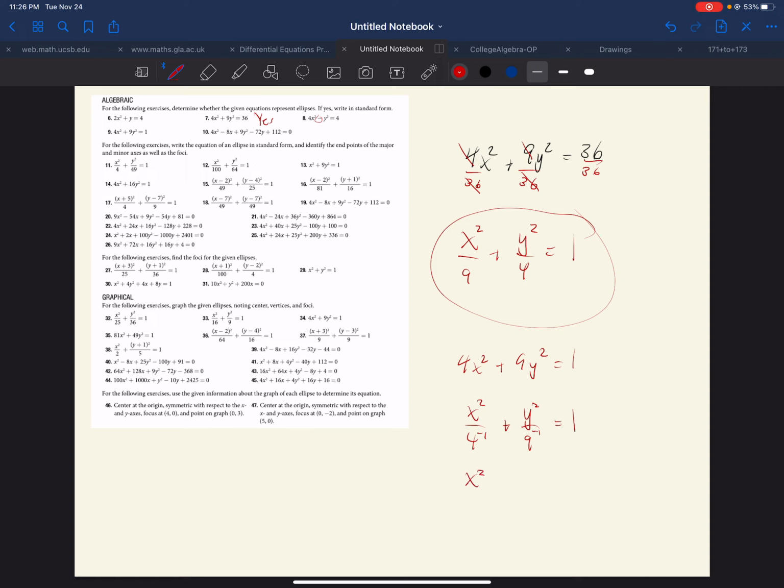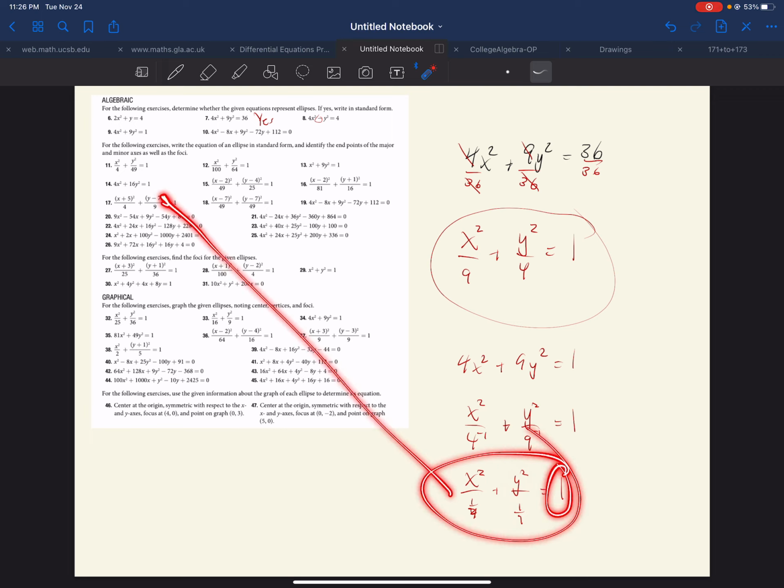And I could make this x squared over a fourth plus y squared over 1/9 equals 1. And then, even though we don't like it, it is x squared over, in this case, a squared, y squared over b squared equals 1. So that is standard form for problem number 9.